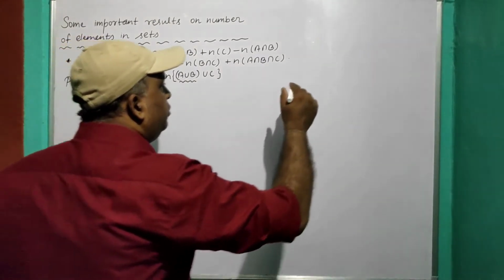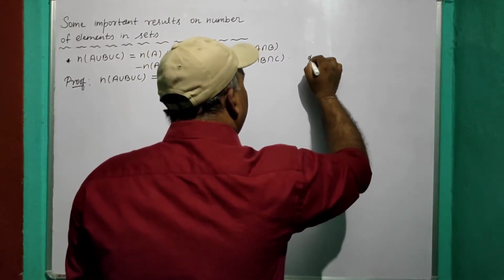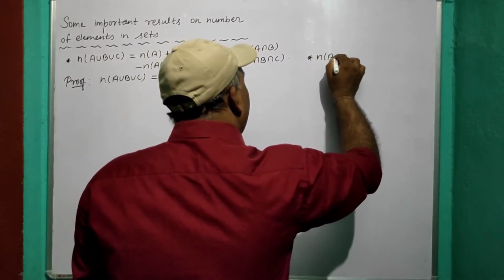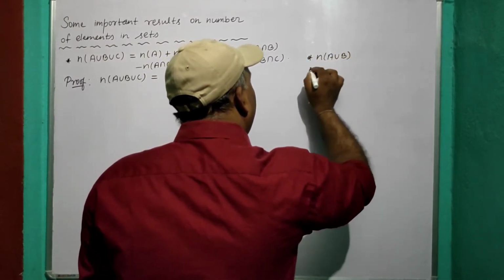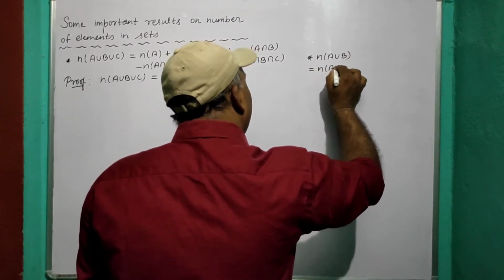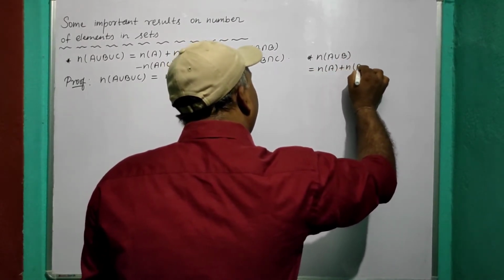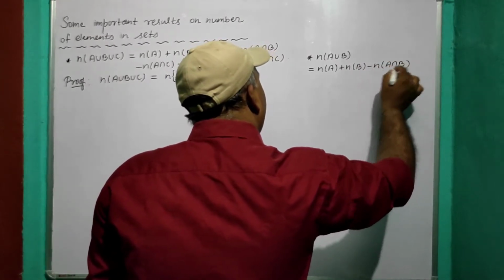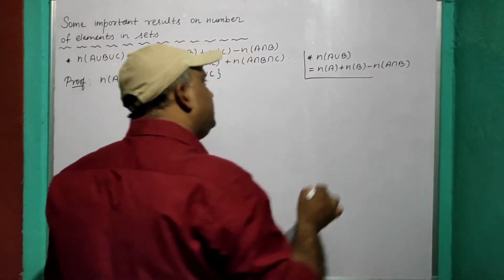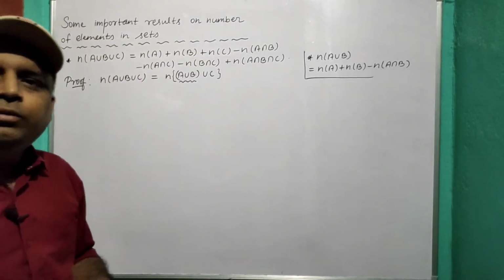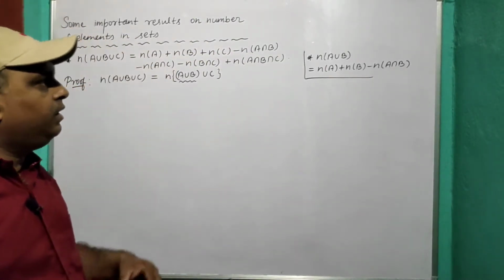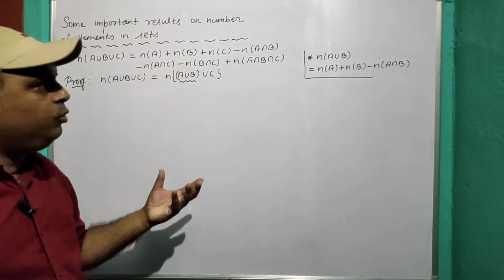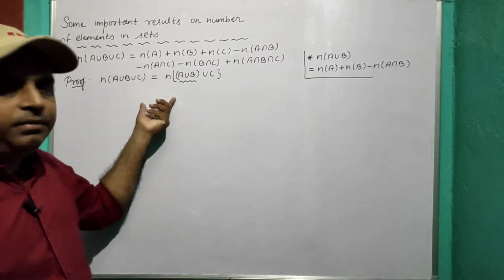And now you know that n(A union B) equals n(A) plus n(B) minus n(A intersection B). This is the result which I proved just now.